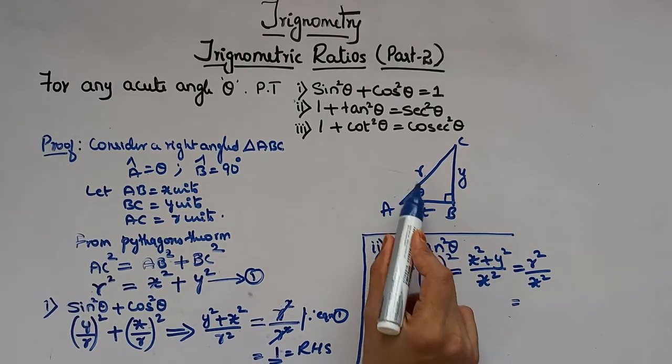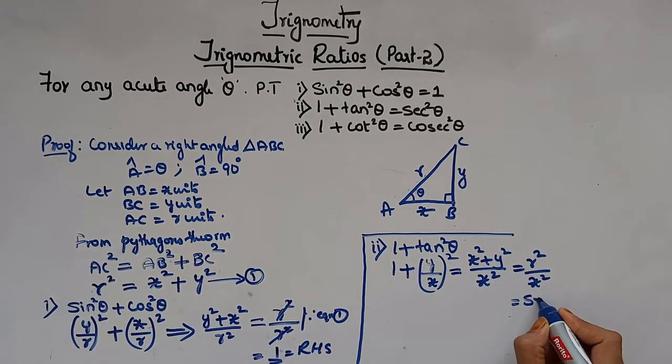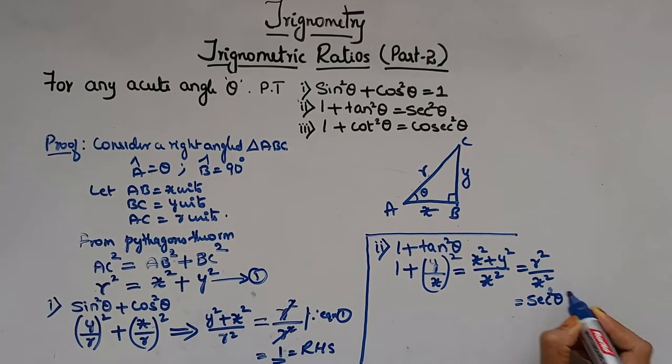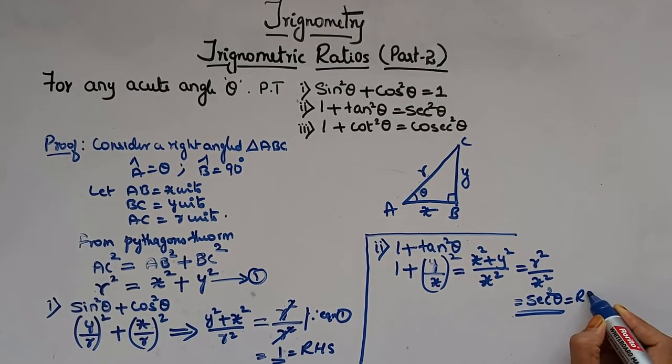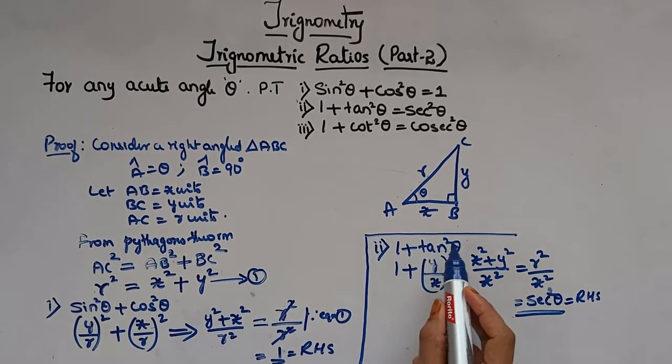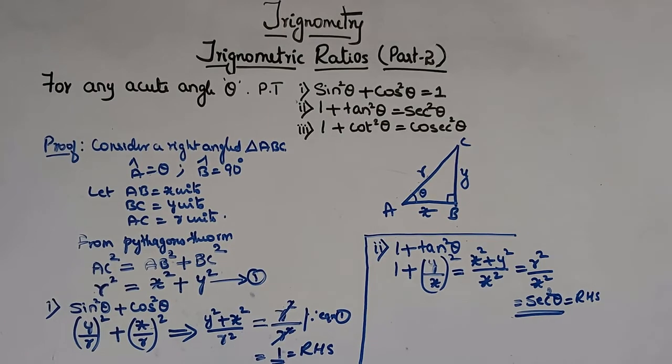So in the diagram r by x will give you secant theta, right? Since we have square here, that will be secant square theta, which is equal to your RHS. So hence we have proved 1 plus tan square theta is secant square theta.